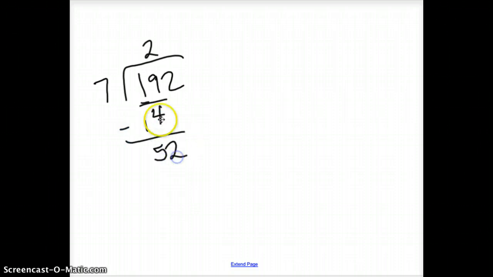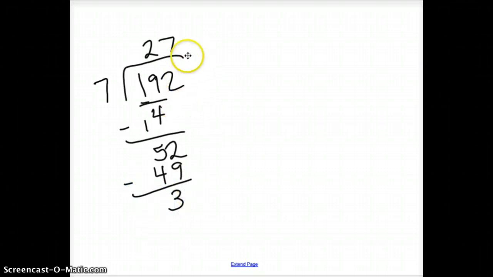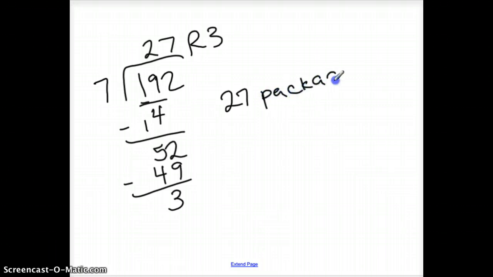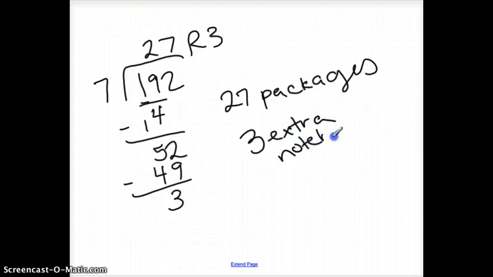Subtract, I get 52. 52 divided by 7 is 7. 7 times 7 is 49. Subtract, I get 3. There are no other numbers for me to bring down, so I have a remainder of 3. That means I'm going to have 27 packages, and I'm going to have 3 extra notebooks that will not go in a package.